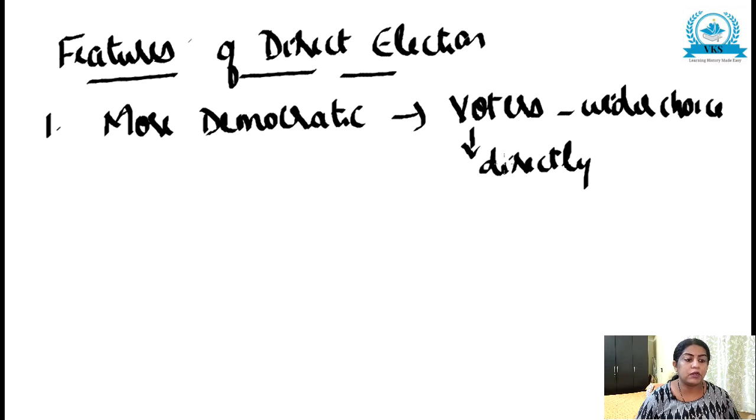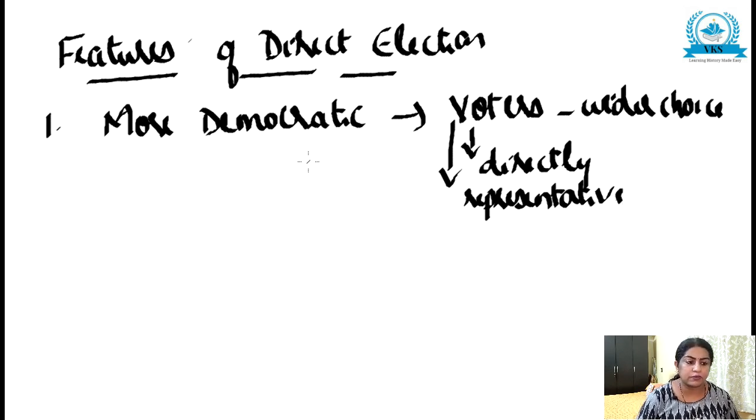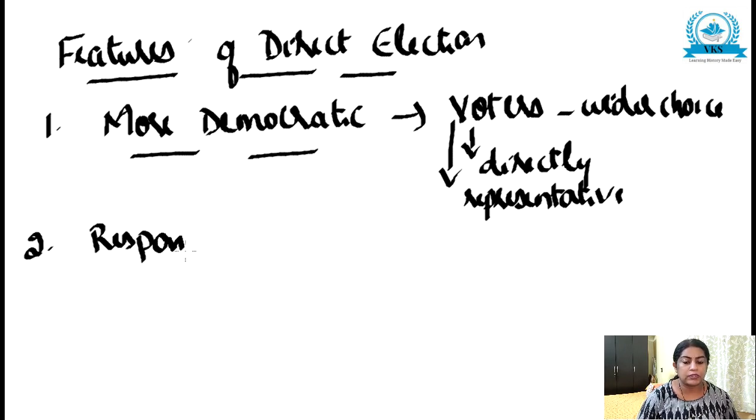It provides a direct relationship between the voter and their representative. Because of this, we can say that direct election is more democratic. The second feature is that direct election is more responsive. Why?